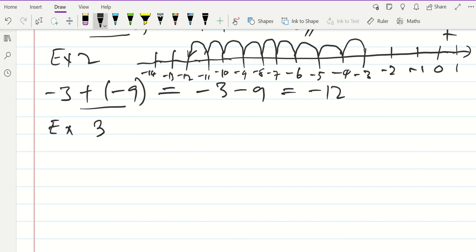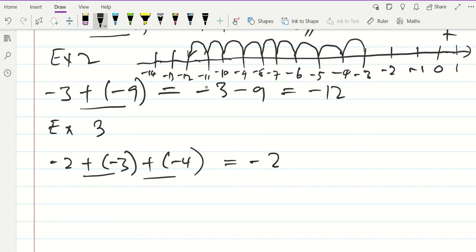You're going to be dealing with negative 2, then adding this to another negative number, then adding this to another negative number. So what we do, we always refer back to our rules. A negative and a positive gives you a negative. So what this essentially gives you is negative 2 minus 3 minus 4.